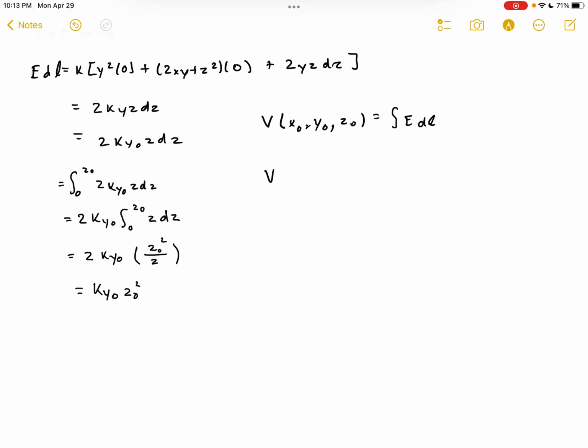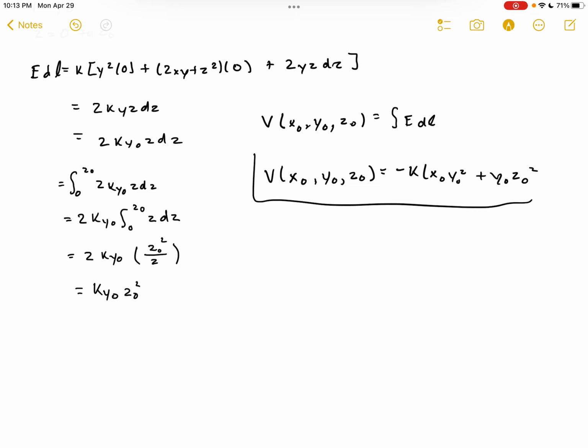So we plug in what we got for E dl. V of x naught, y naught, z naught equals negative k times x naught y naught squared plus y naught times z naught squared. So this is our final answer for our potential.